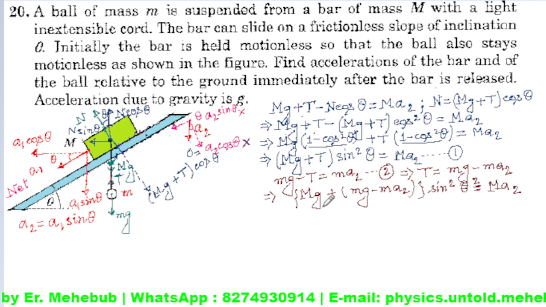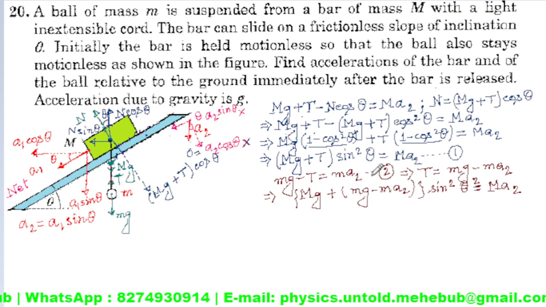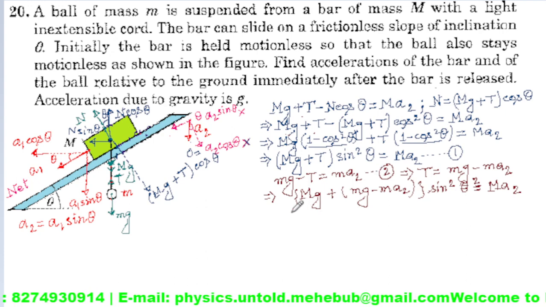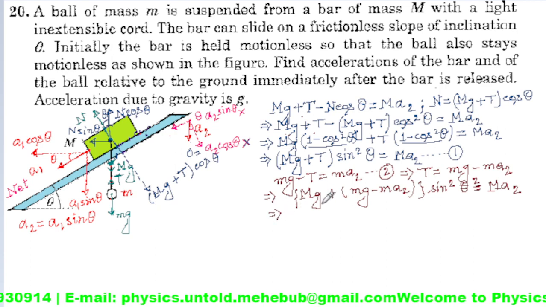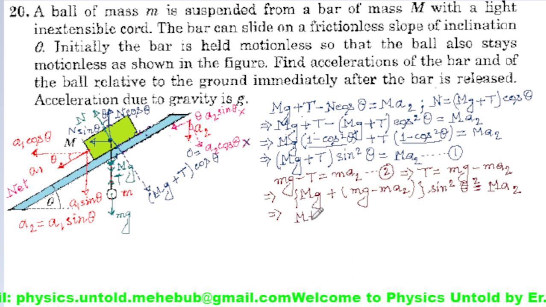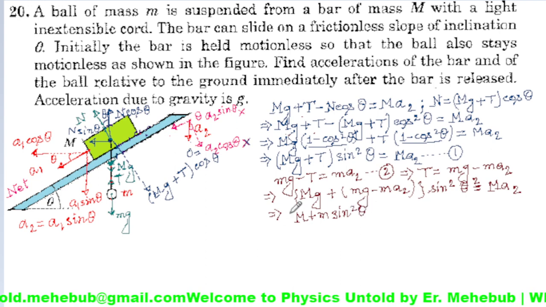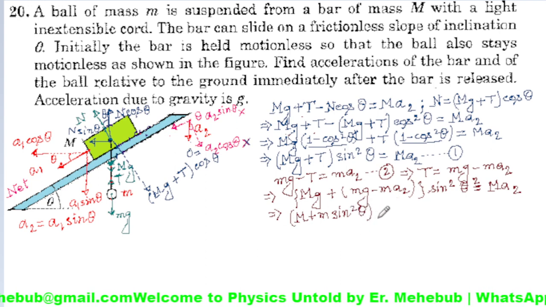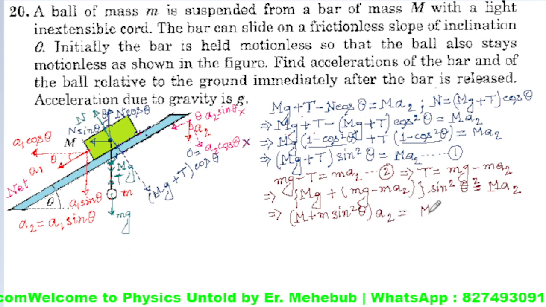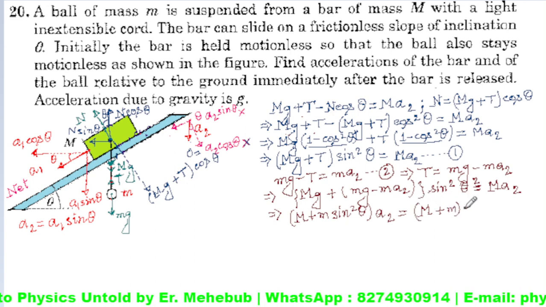If we rearrange this equation, we can write capital M plus small m sin square theta into a2, which must be equal to capital M plus small m into g sin square theta.